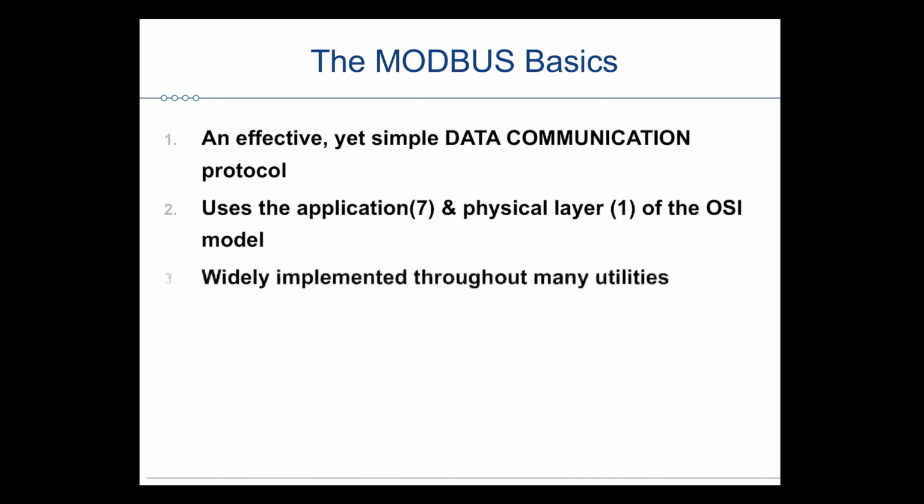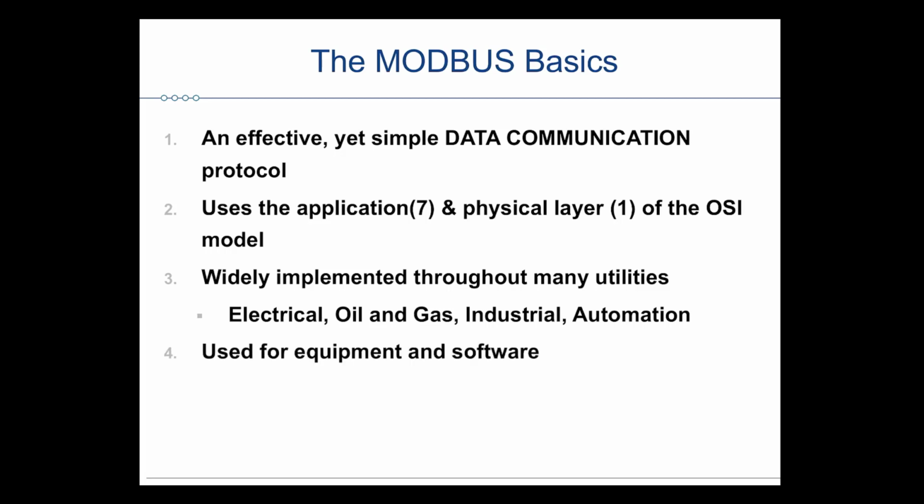And it's widely implemented through many utilities: gas, water treatment, power, you get it. And it's used local area for automation too. Used for equipment and software, HMIs, RTUs, IEDs, PLCs.